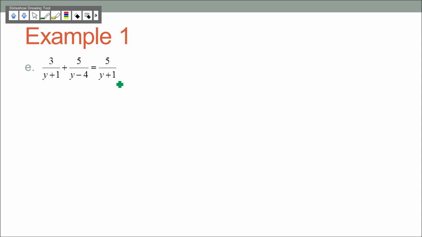The first thing, like I said earlier, is that two of these fractions already have a common denominator, which is y plus 1. It's important that before you try and solve some of these equations, especially the tougher ones, you take a second to look at what you have in front of you. The first thing that should jump out at you is that these two denominators are exactly the same.